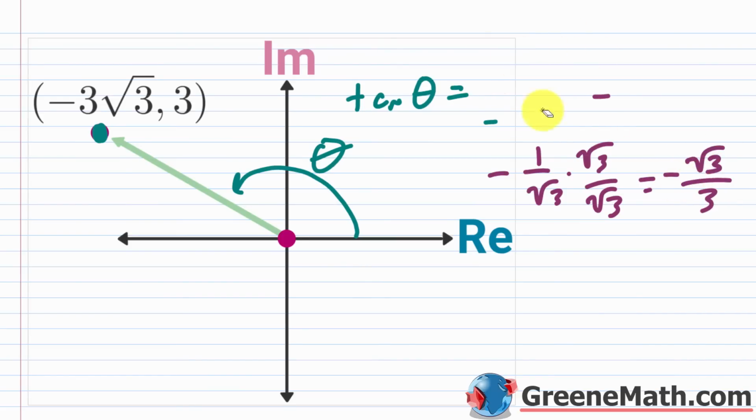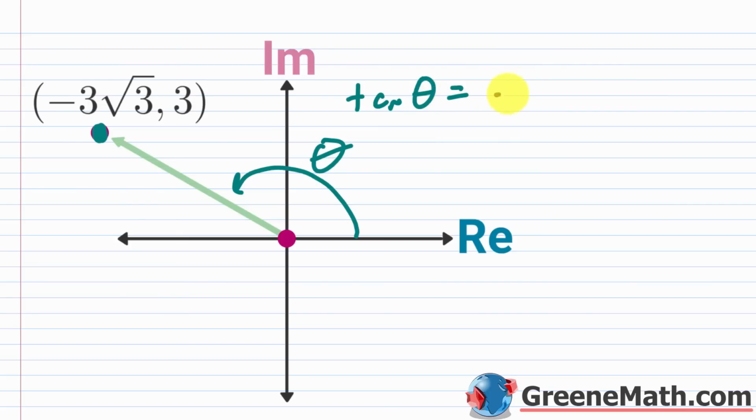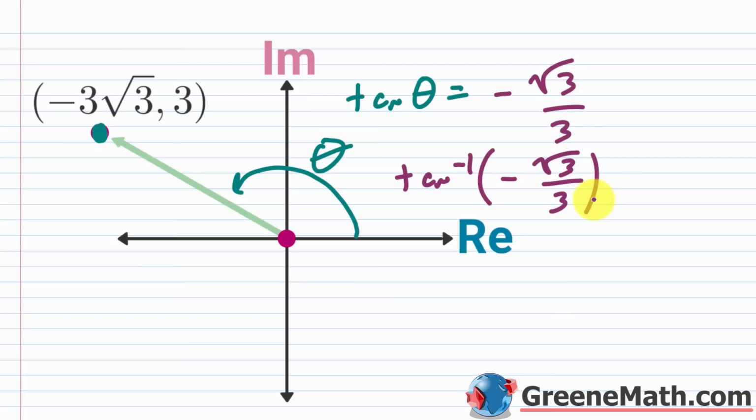Okay, let me get rid of all this. So let me put the tangent of theta is equal to the negative of the square root of 3 over 3. So let me do tangent inverse of negative square root of 3 over 3. So a lot of you know that for the tangent of 30 degrees, it's square root of 3 over 3. I think that's a commonly known fact. If you don't know it, it's not that big of a deal.